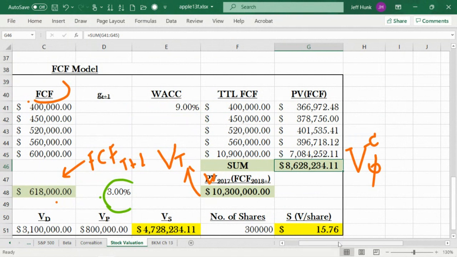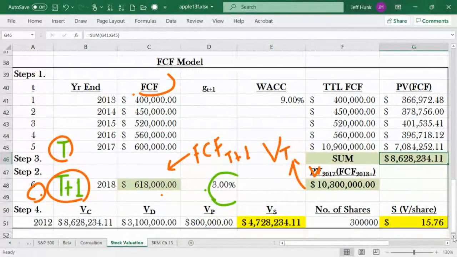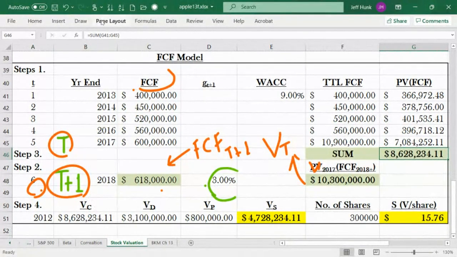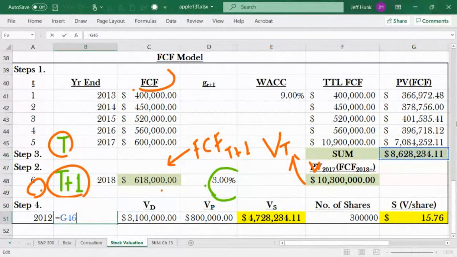So here, value of the company at time 0, I made it equal to this.